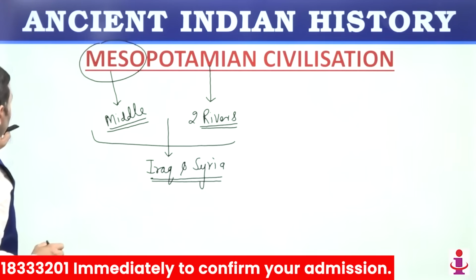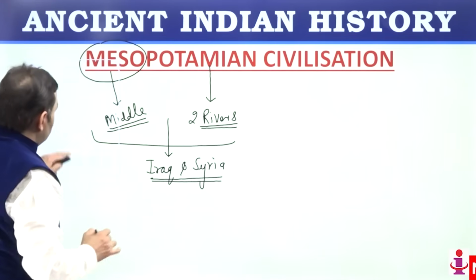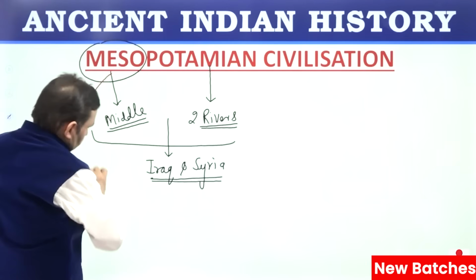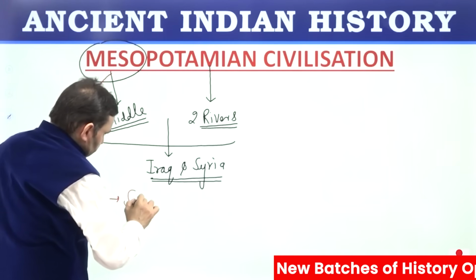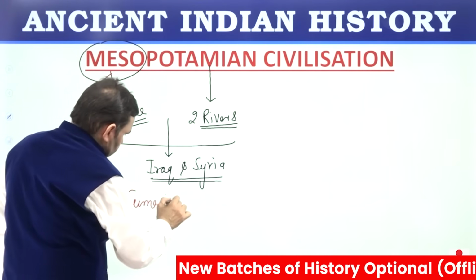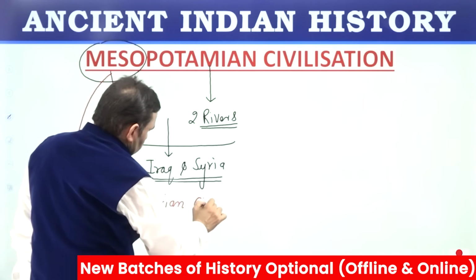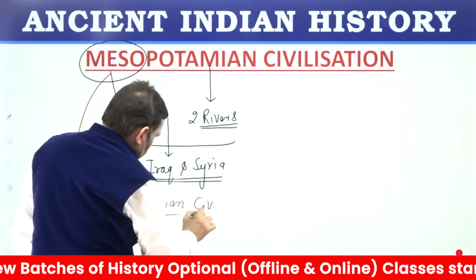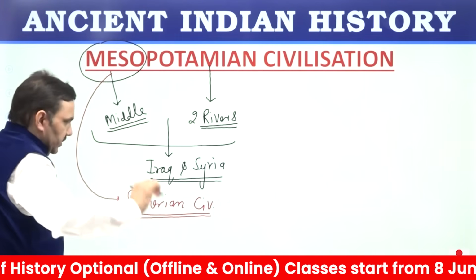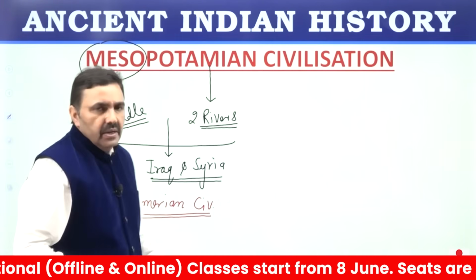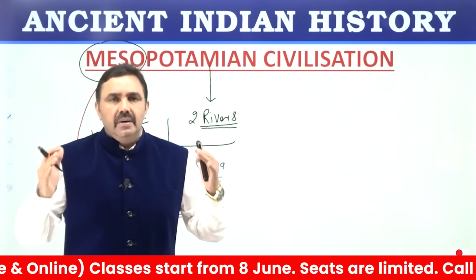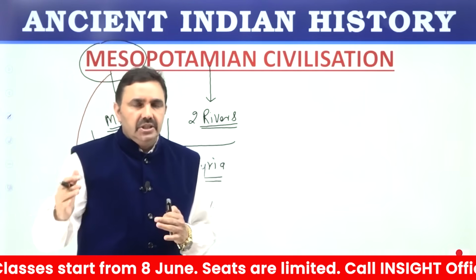The southern part of this civilization was known as Sumerian civilization. So Sumerian civilization was basically part of Mesopotamian civilization. It was the southern region of Mesopotamian civilization.